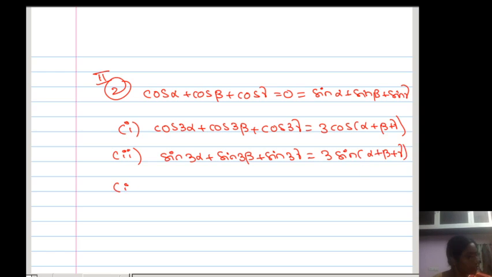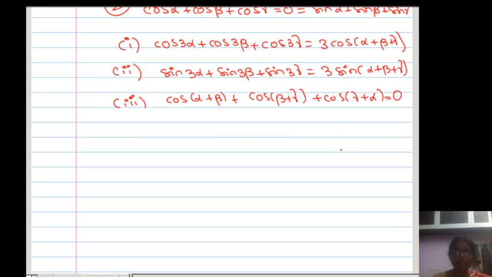What's the third one? cos alpha plus beta, plus cos beta plus gamma, plus cos gamma plus alpha, we have to make it 0. So these are the 3 points we have to prove. So by using the condition, first, how to prove this, how to give the solution.